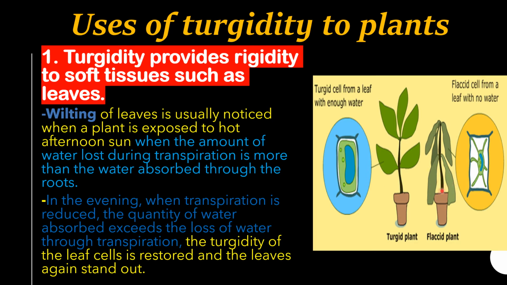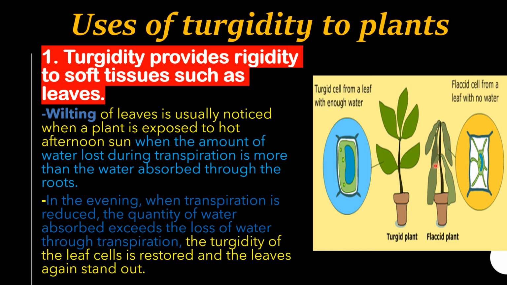In the morning, if you are watering the plant, then yes, but the intensity of light is very high in the afternoon. At that time the transpiration rate will be more compared to the water absorption rate. At that time wilting will occur. More water will escape from the plant to the atmosphere. That's why the transpiration rate will be more compared to the absorption rate. That's why wilting will occur.